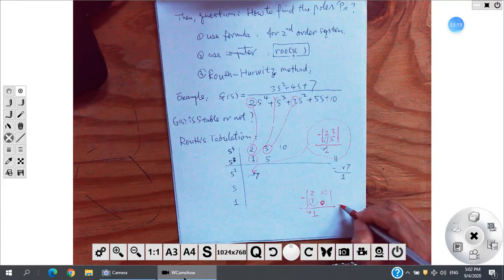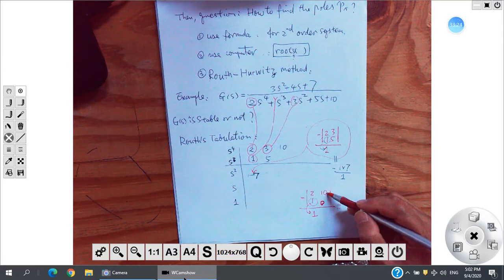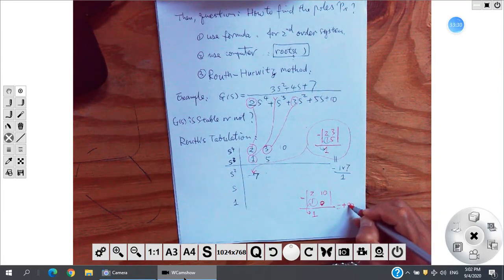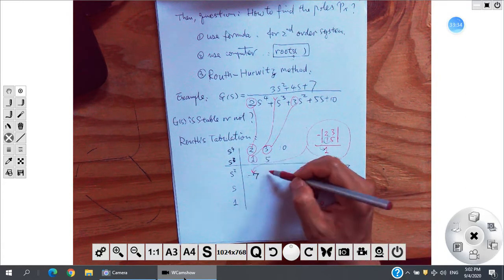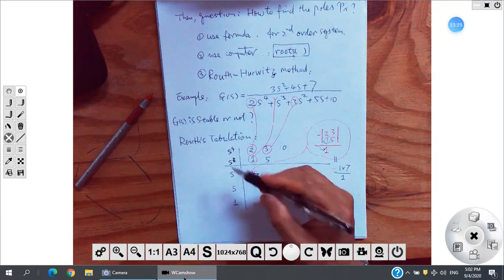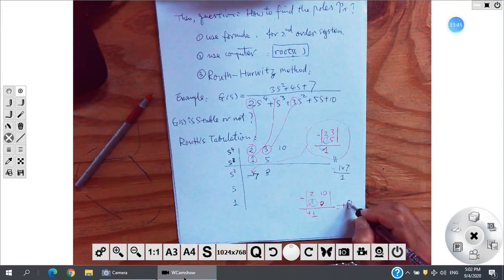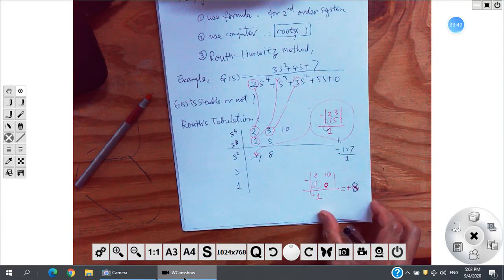So this is 2 times 0 minus 10. So 2 minus 10, I have negative 8. And here's a negative, so it's a positive 8. Oh, sorry.